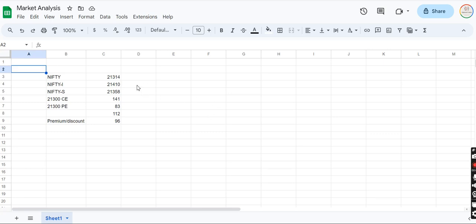Today we'll make a very short video on how to analyze the market with the options prices. So today we'll take a very simple example of how to analyze market levels using the information that we get from the market itself.